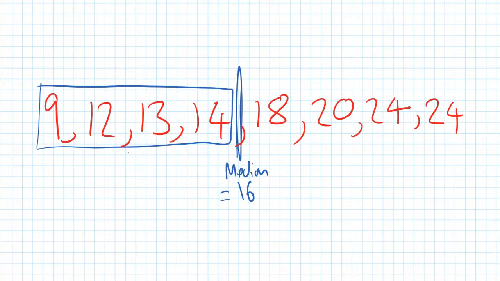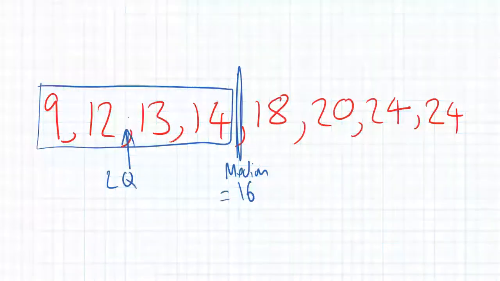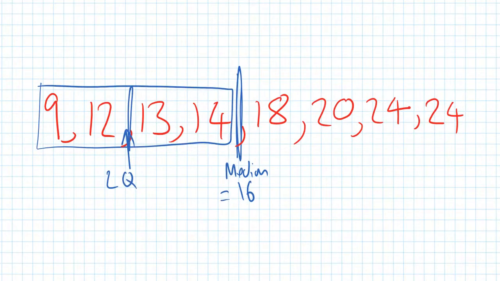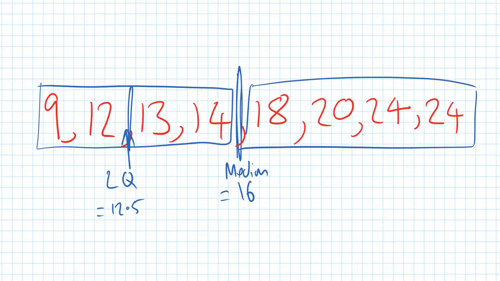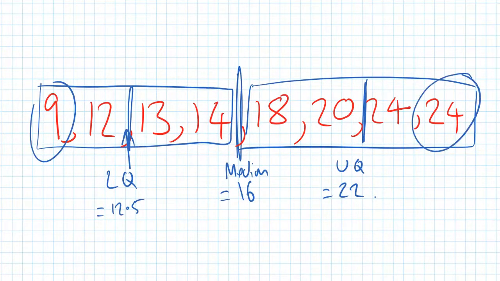So I'm going to say that that lower quartile, LQ, is right in the middle of that 12 and 13, so it's going to be 12.5. And the upper quartile is going to be right in the middle of the 20 and 24, so that's going to be an upper quartile of 22. The lowest value is 9. The highest value is 24.